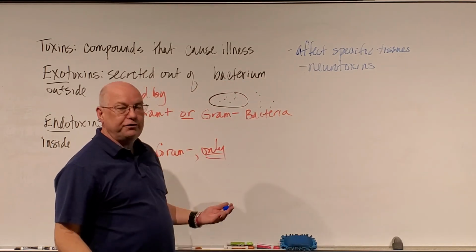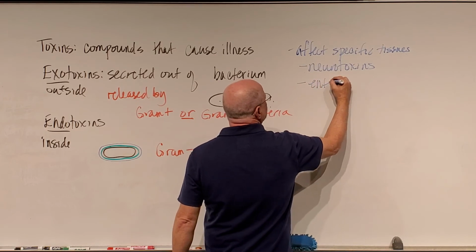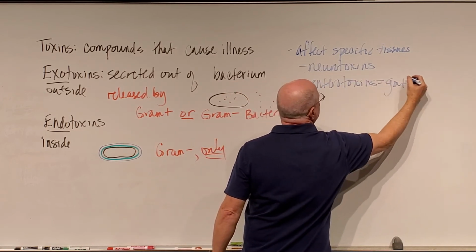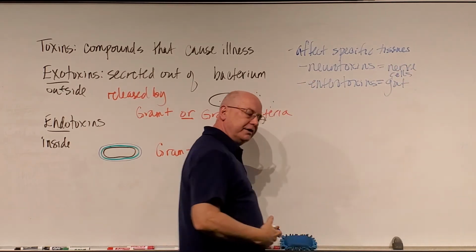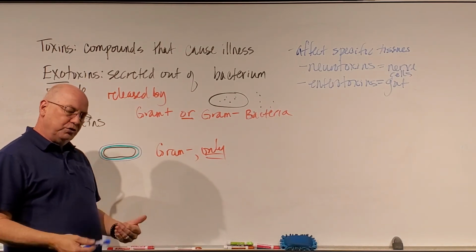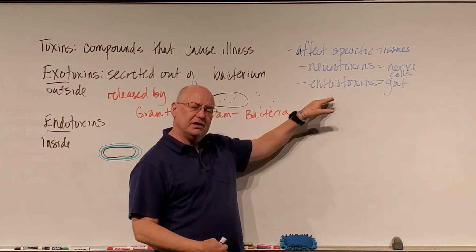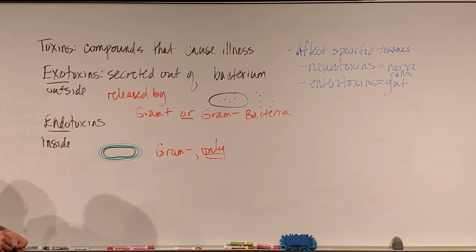Neurotoxins affect the nervous system and neurons. Enterotoxins are in the gut. The enteric bacteria that cause these disorders and diseases of the bowels can release toxins that damage the gut lining or make us really sick, called enterotoxins. Okay, so sometimes the exotoxin is named for the tissue that it affects.